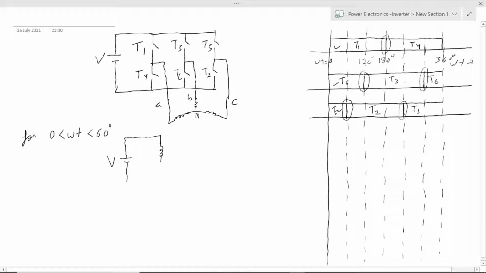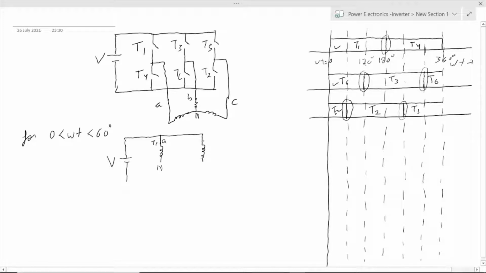This is T1 and it has been shorted. So your A phase is connected, and this is our neutral point. Now let us talk about T5.